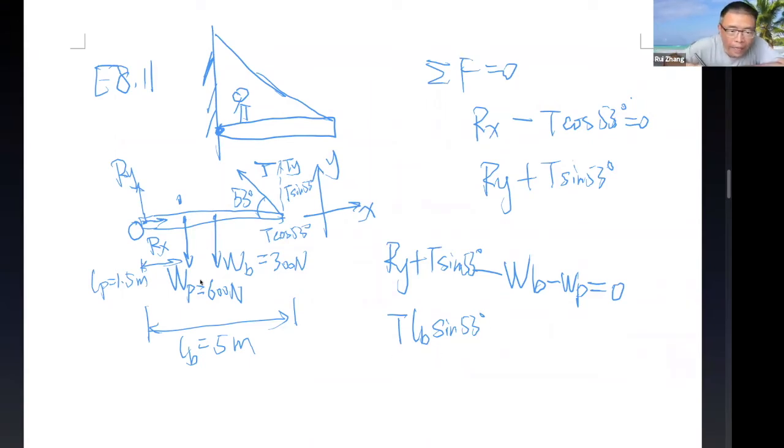Then we have two negative torques, each given by a force. The weight of the beam, WB: the distance is half the length of the beam, LB over 2, and the angle is 90 degrees, so sine 90 is 1. Then you have another one from the person, WP, with distance LP, and again sine 90 gives you 1.